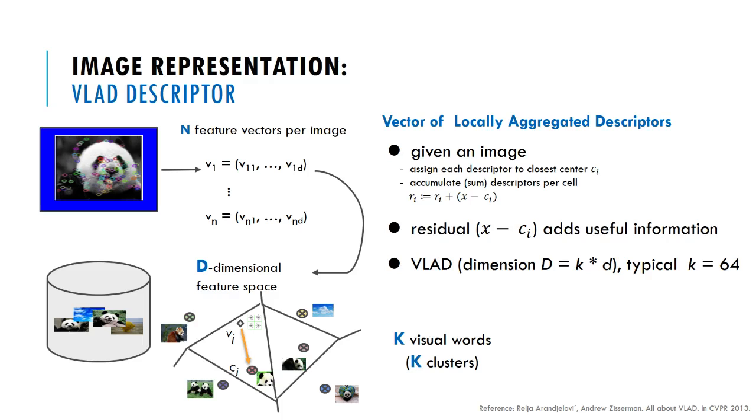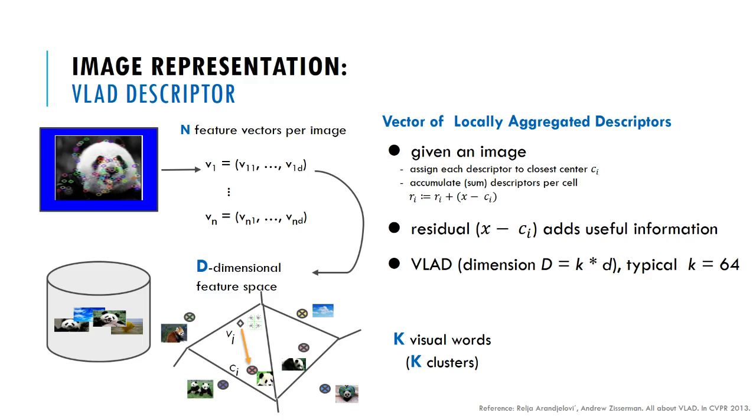And then a more advanced technique is VLAD. The VLAD descriptor is actually the vector of locally aggregated descriptors. It's quite similar in some respects to the bag of visual words.